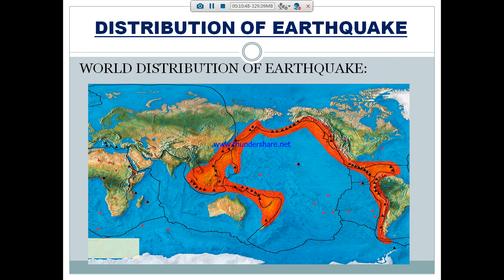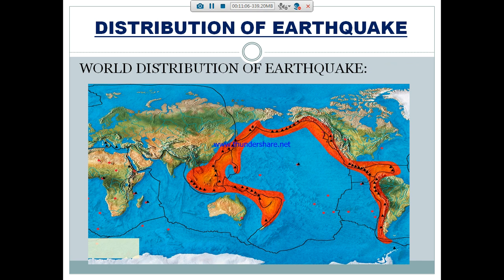And the Deccan Plateau was supposed to be comparatively free from the dangers of earthquakes, so we do not have the highest risk that an earthquake will occur here.